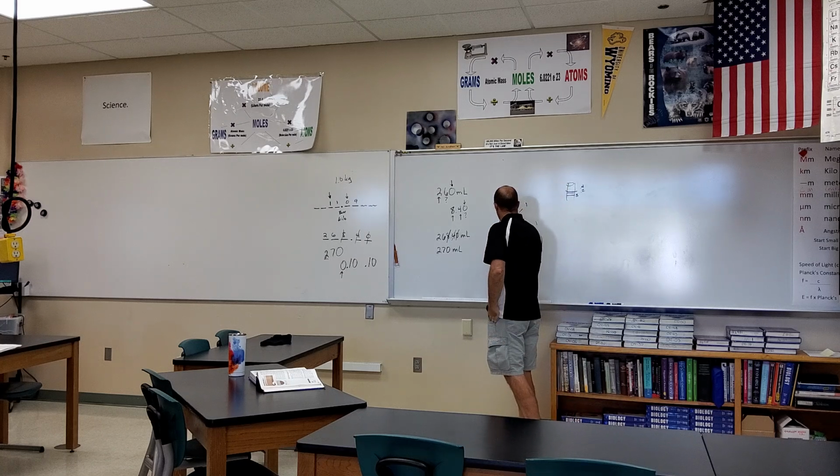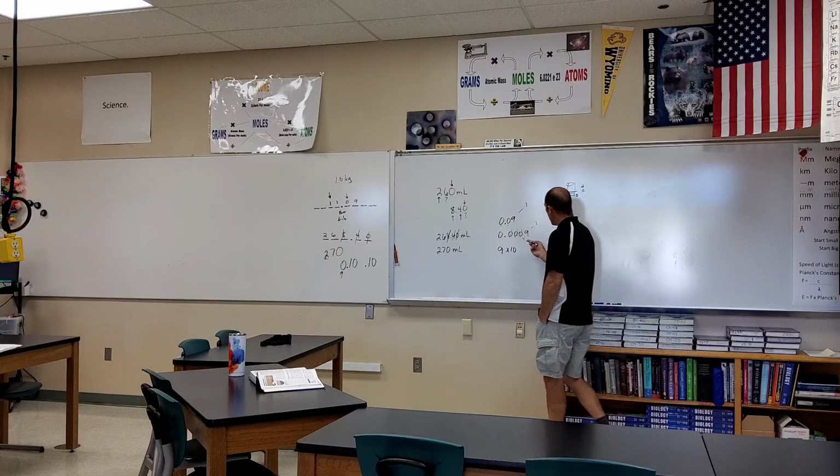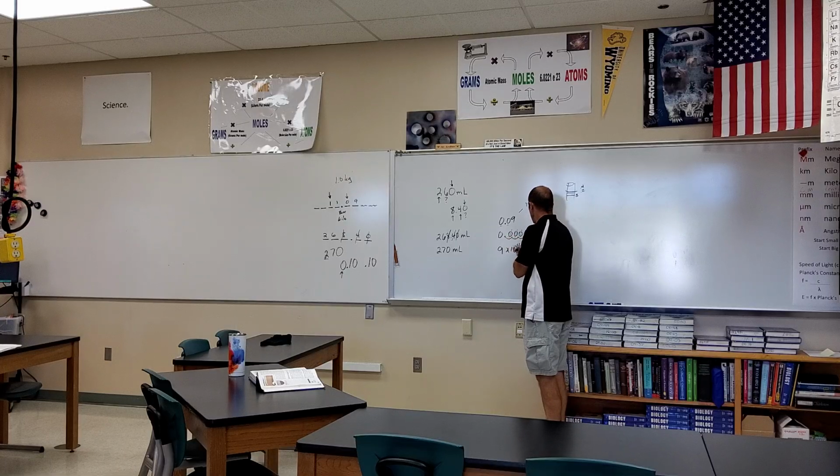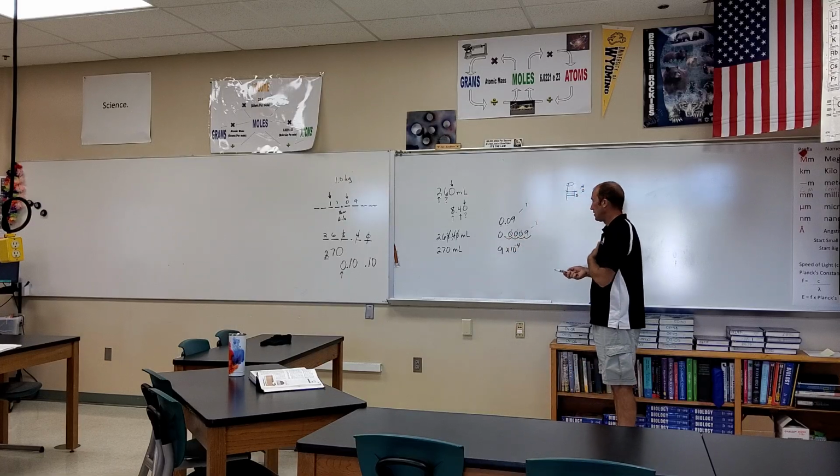So what would that be? We would use, so this would be 9 times 10, right? Since my number is on this side of the decimal point, my exponent's gonna be negative. So it'll be in millimeters. No, micro. It'll be micro.